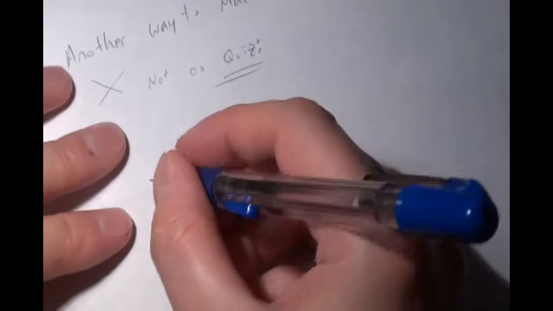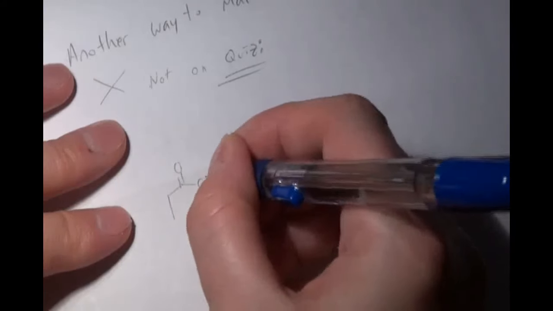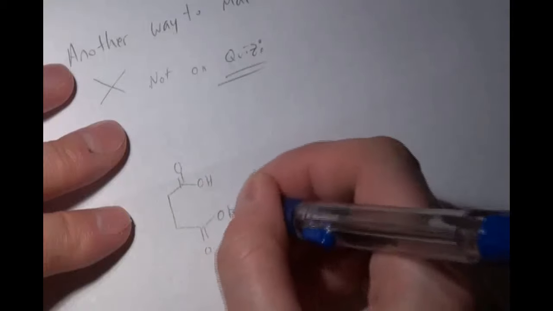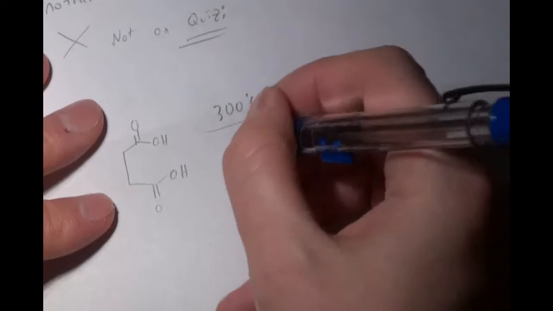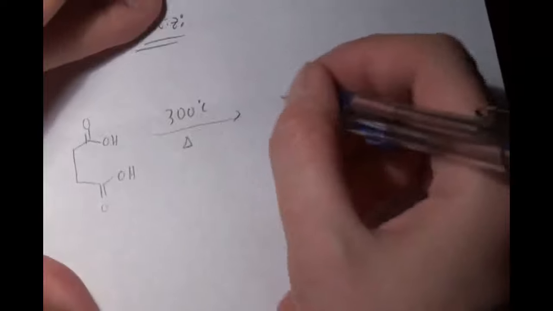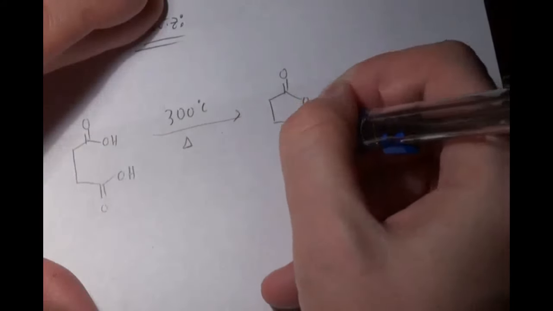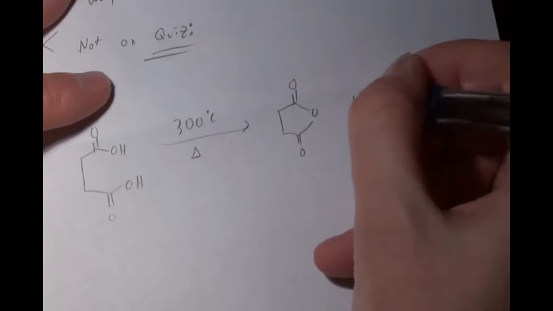But what the book shows, for example, is if I have a dicarboxylic acid like that, and I cook it really hot, 300 degrees Celsius. You know, that is an unusual temperature. Out comes the anhydride, and also water.